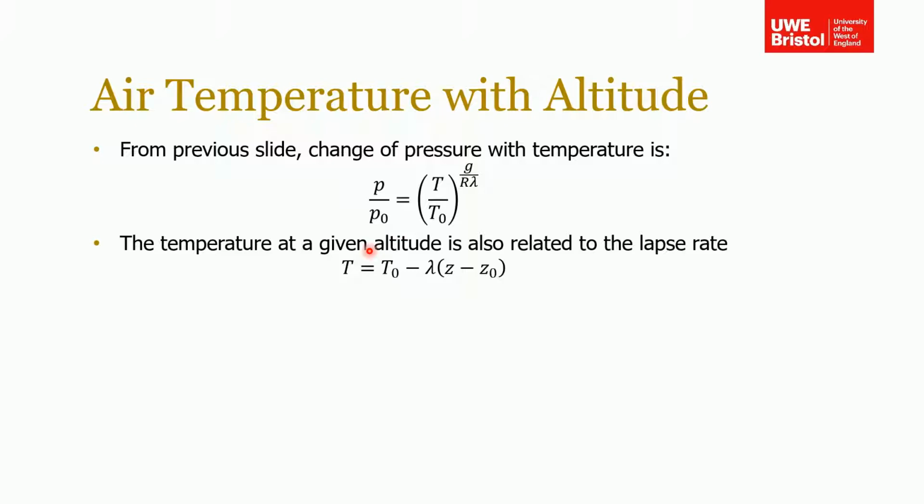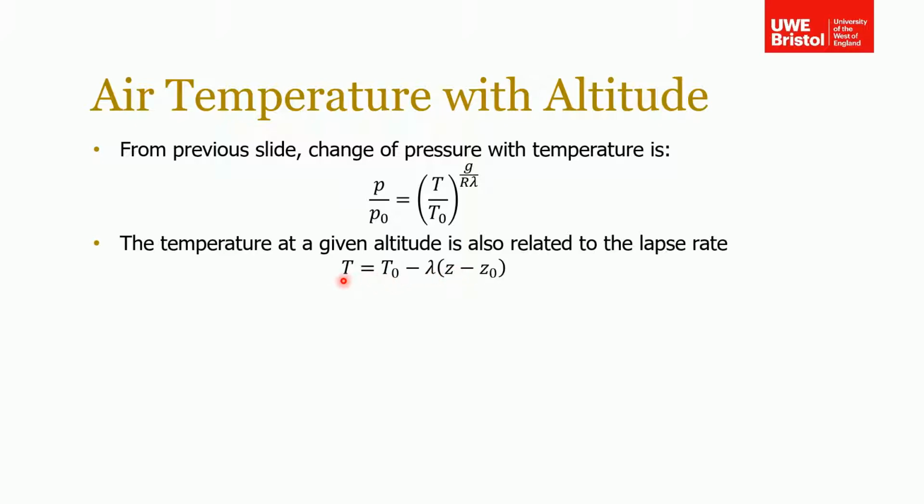However, we might not actually know the temperature at a given altitude, but we know that in a constant lapse rate layer, we can work out the temperature, because if we know the altitude, we can work out the temperature from the lapse rate.